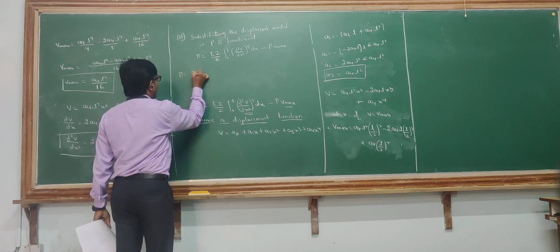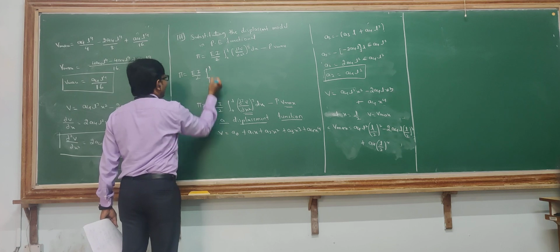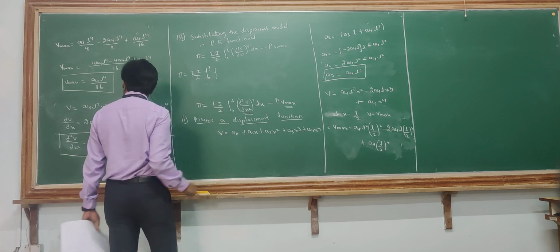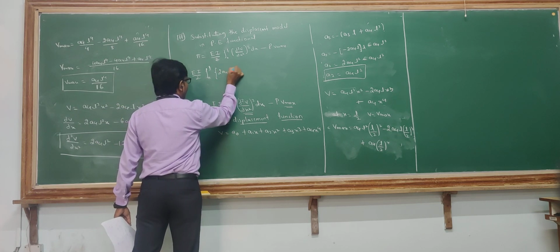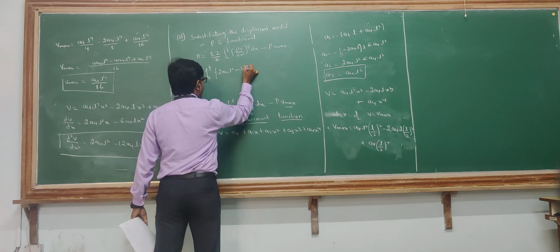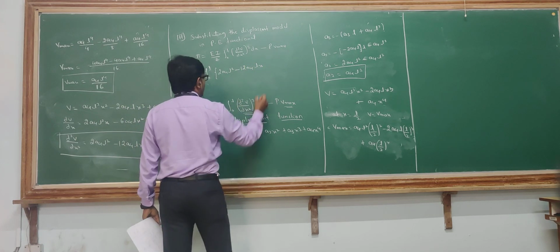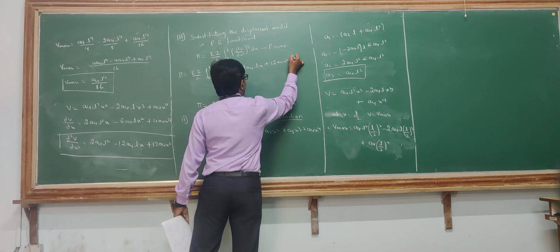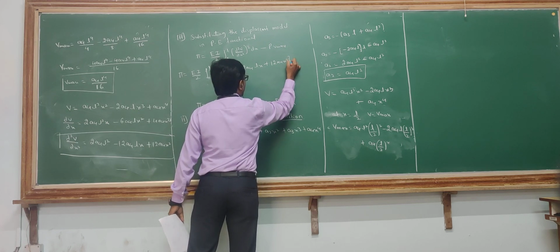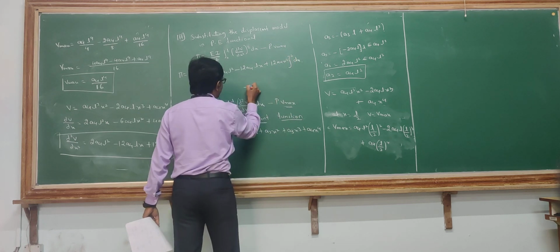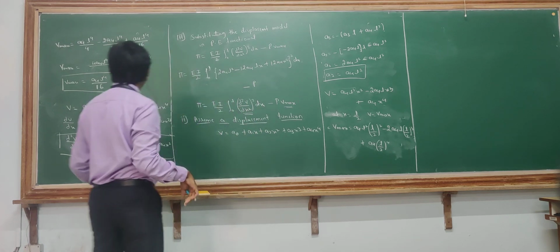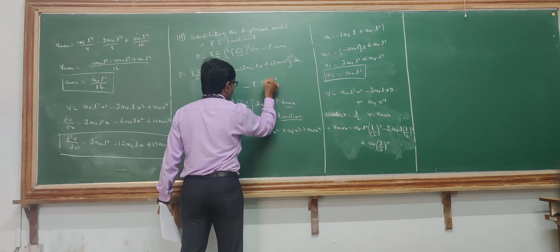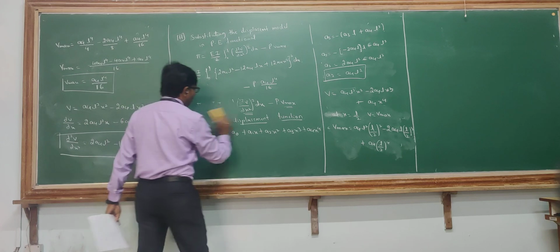Pi is equal to EI by 2 integration 0 to L of 2A4 L square minus 12A4 L x plus 12A4 x square, the whole square, into dx, and minus P is the load and V max is given as A4 L raised to 4 divided by 16.